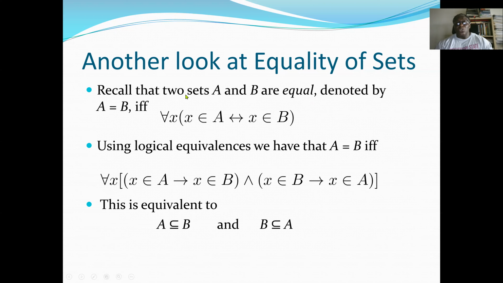So two sets A and B are equal, denoted by A = B, if and only if for all x, x belongs to A if and only if x belongs to B. Using logical equivalence, A = B if for all x, x belongs to A and x belongs to B, and also x belongs to B and x belongs to A. This is equivalent to saying that A is a subset of B and B is a subset of A.